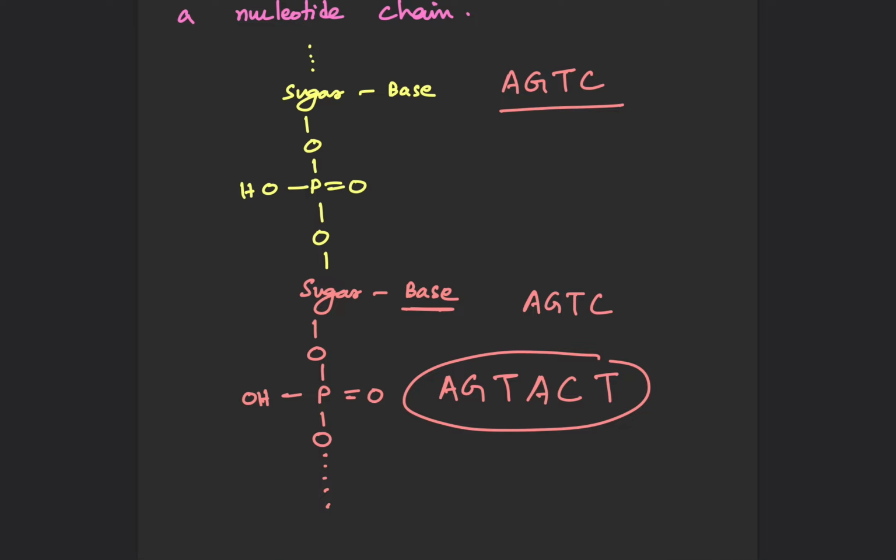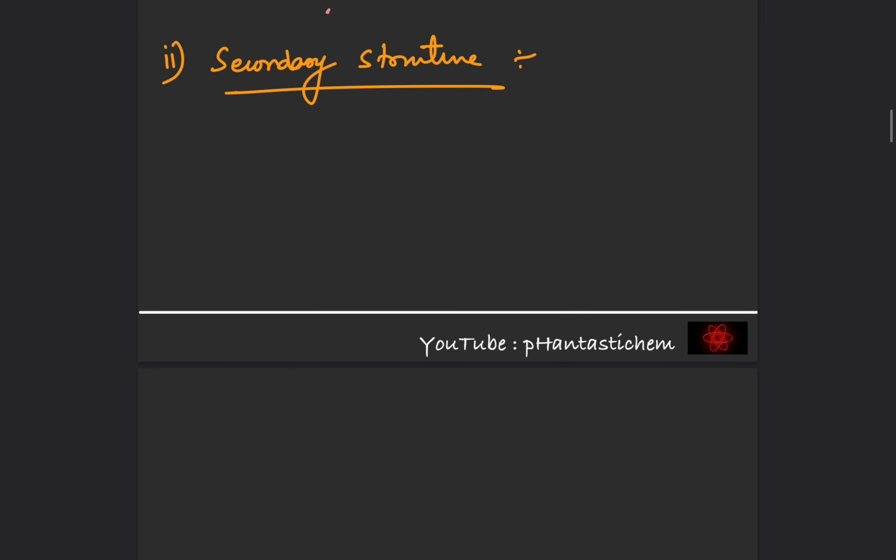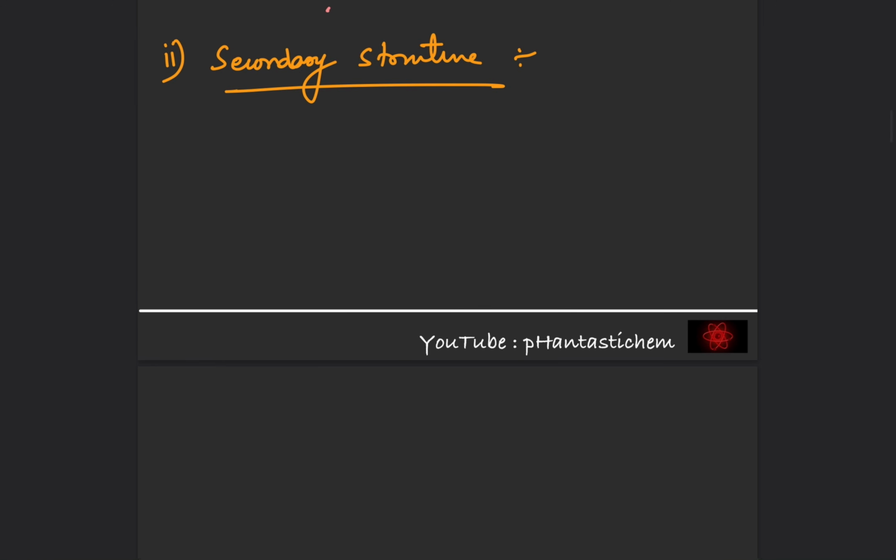And now let's discuss the secondary structure of DNA. So DNA consists of two polynucleotide strands or chains, and these strands run in opposite direction, giving a double helix structure to DNA. Very important. Okay. So we'll write that down.